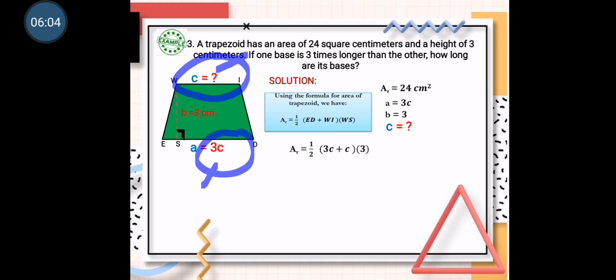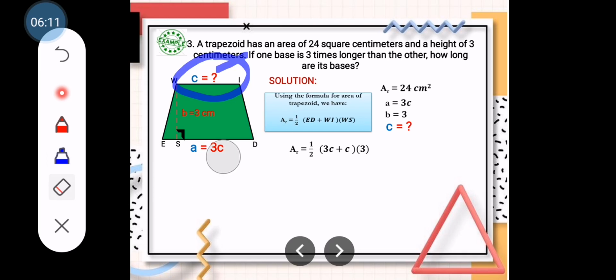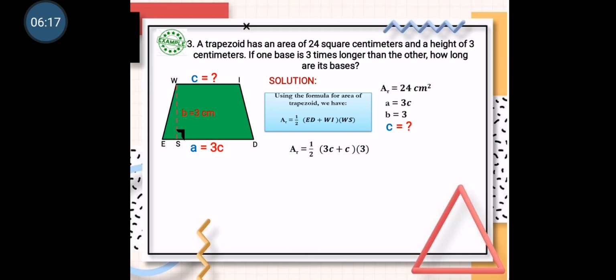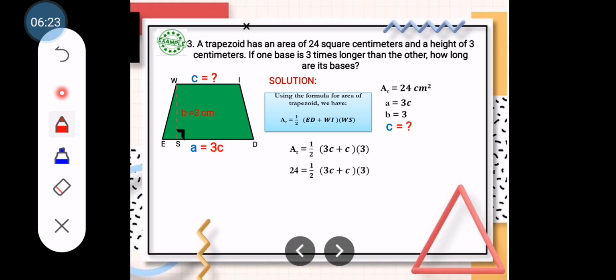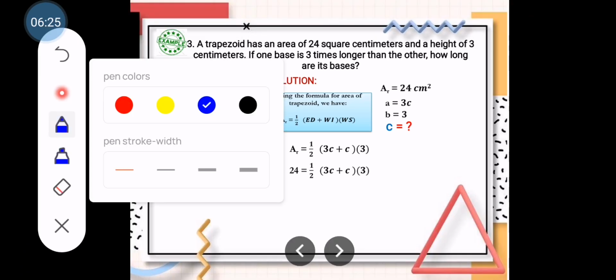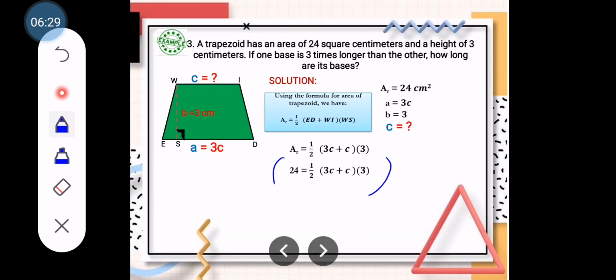Now, substitute natin. So, ED is 3C. And then, WI is C times the altitude. So, ngayon, gagawin natin, itong 2, multiply natin both sides, no? Yan. 2.